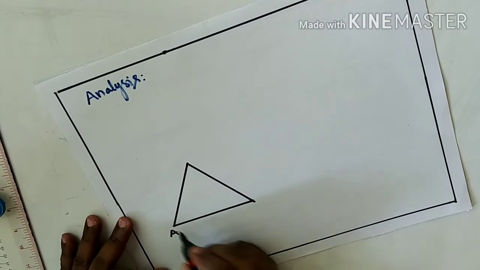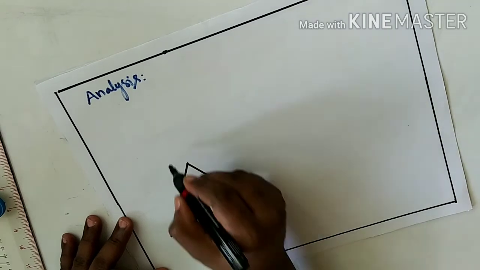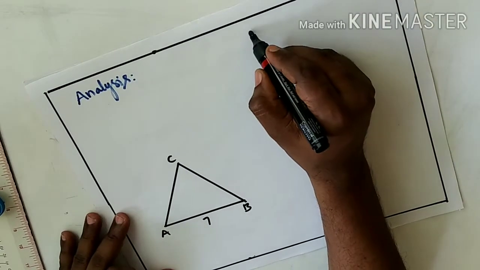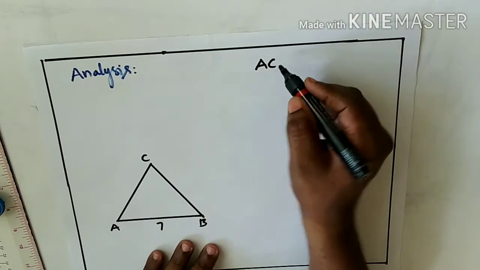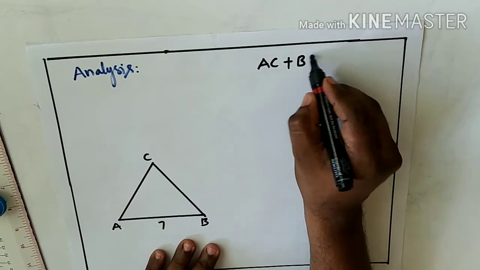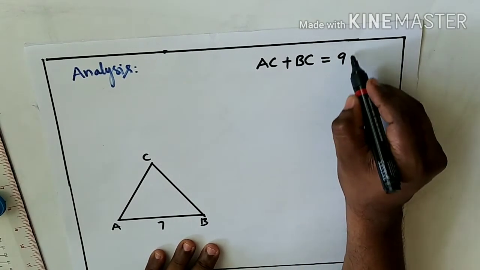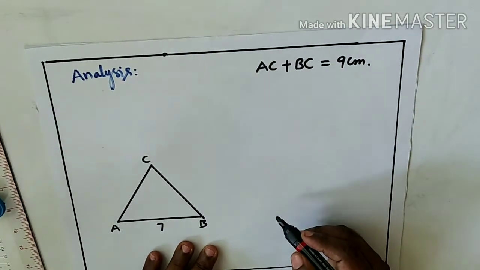This is AB, 7 centimeters. Now AC plus BC is equal to 9 centimeters is given.